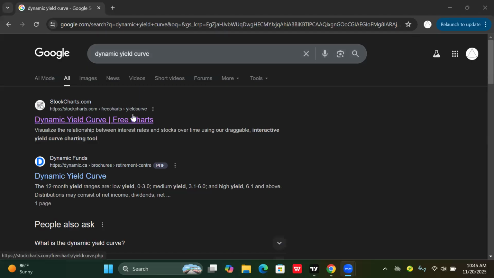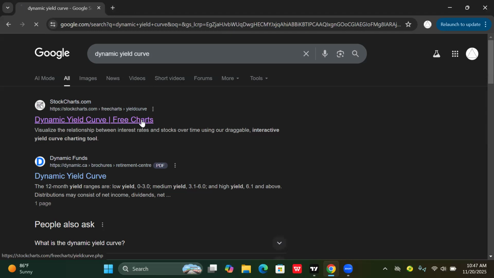So first things first, a lot of people are screaming bear market for the S&P. Let's first look at the chart here for the dynamic yield curve, which is simply the spread between the 10-year and the 2-year treasury spread, the real interest rates, if you will, which is 10 minus 2s.